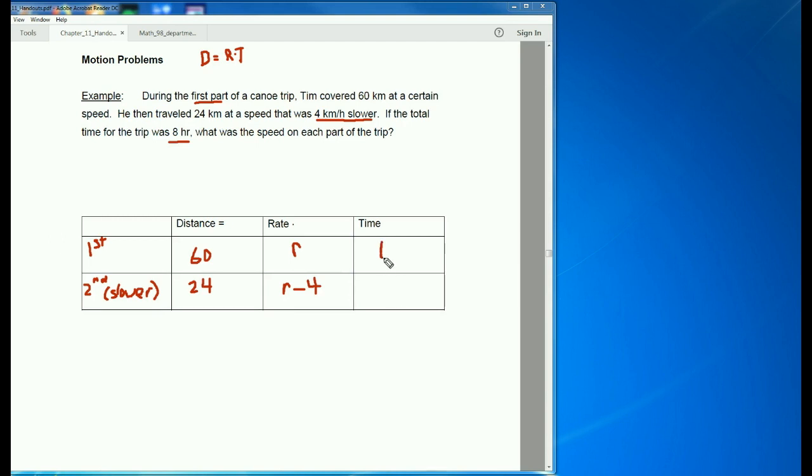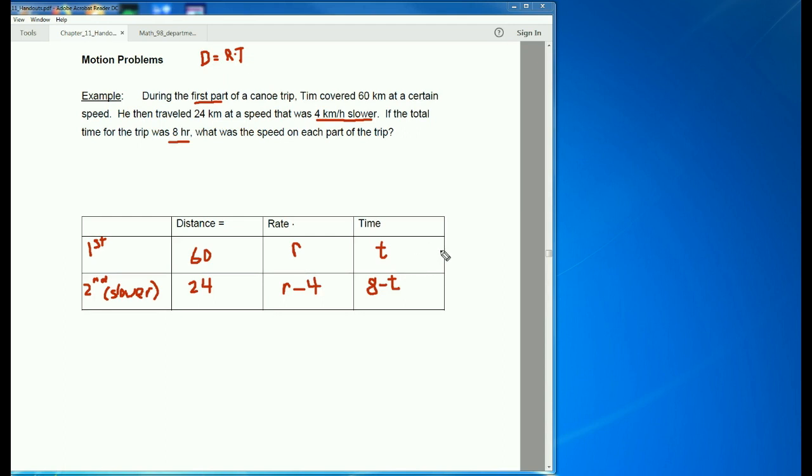Okay, so let's call this T. Then this has to be 8 minus T, because if you add them together, 8 minus T plus T, the sum is 8. So that's kind of how you can figure that out.